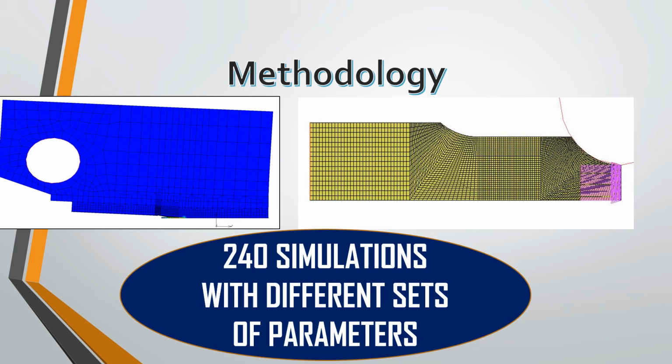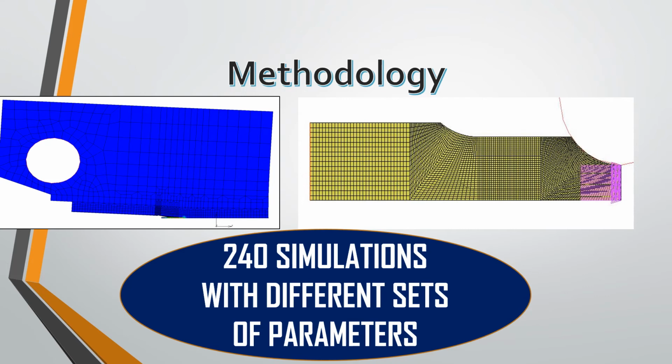I fix 5 parameters, then I do 20 simulations with different values of the remaining variable. Then I did the same with the others. So I hope now it's clear.